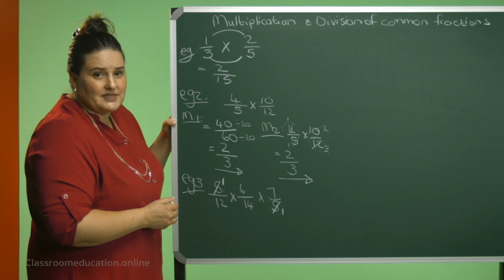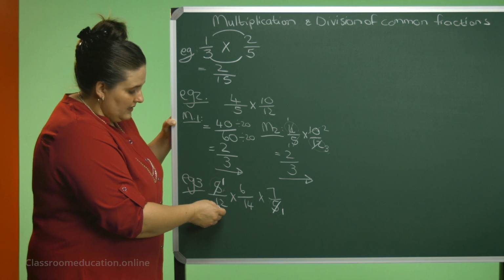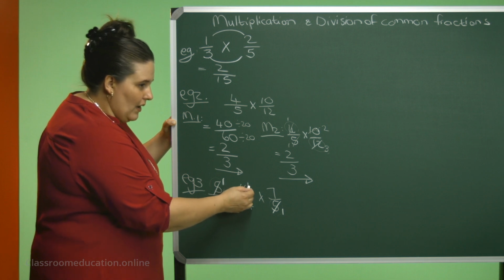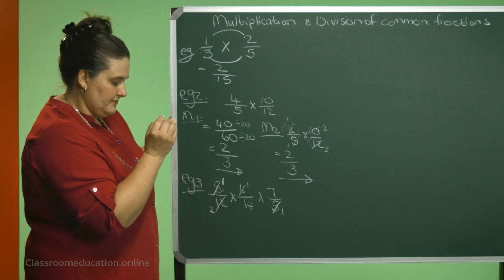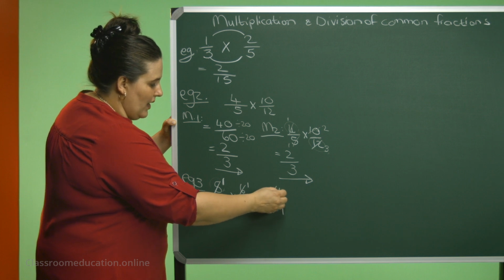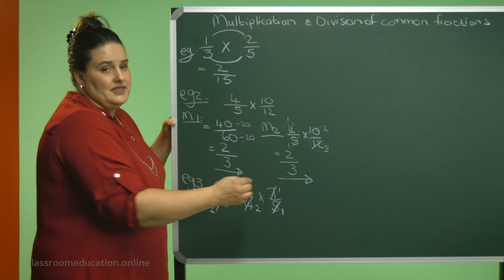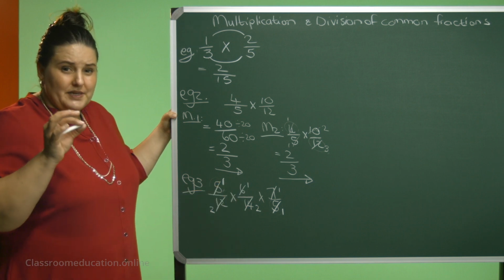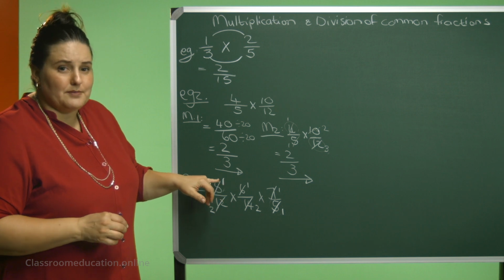Another part, which ones can cancel out? How about the 6 and the 12? 6 can go into itself once and 6 can go into 12 twice. The 7 and the 14. 7 can go into itself once and 7 can go into 14 twice. And now you just need to be careful to work accurately. Now say top times top times top.